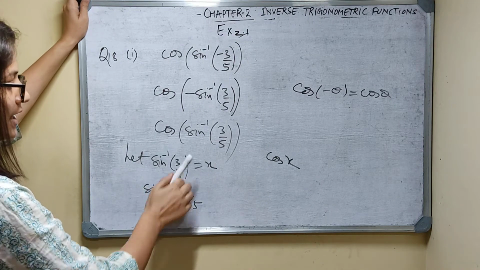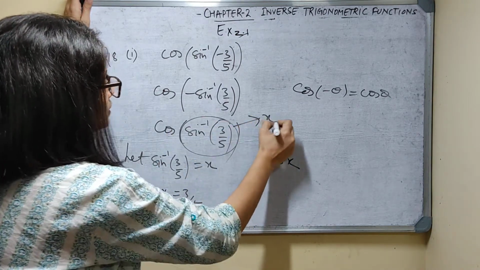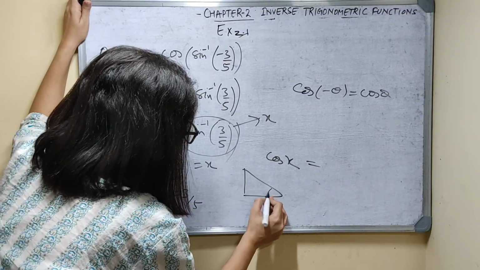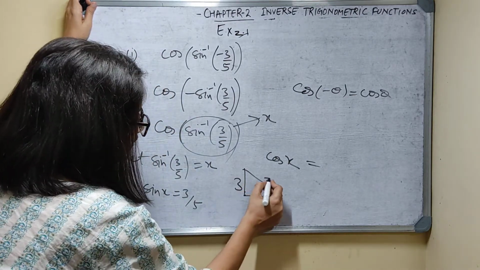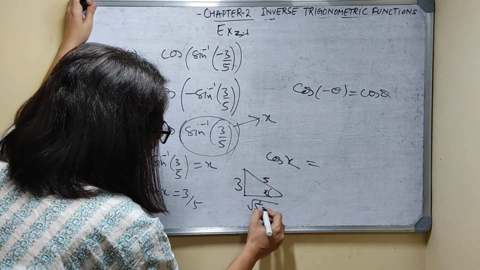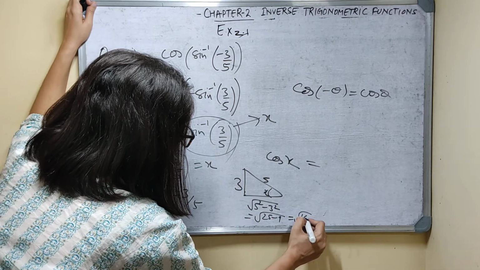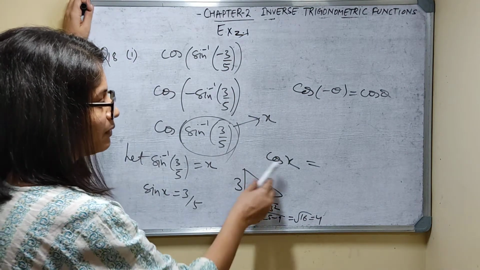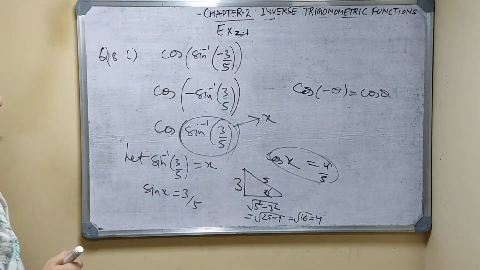Sin x is perpendicular by hypotenuse, so I can write 3 and 5. The base will be root of 5 square minus 3 square, that is 25 minus 9, which is root of 16, that is 4. So cos x is base by hypotenuse, which is 4 by 5. So the answer is cos x is equal to 4 by 5.